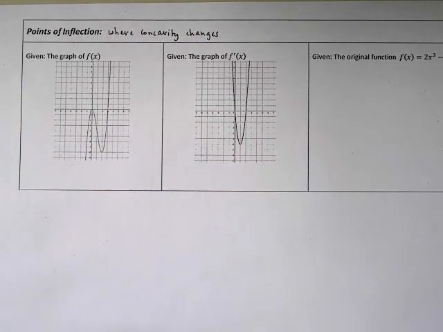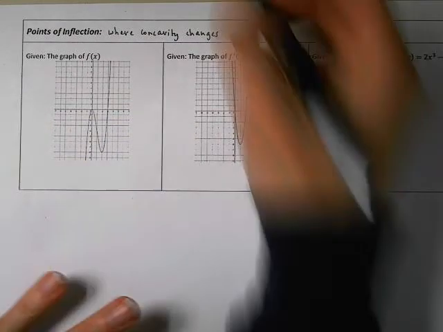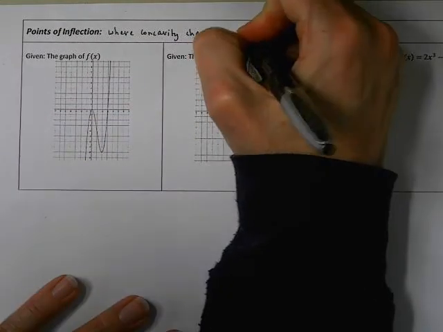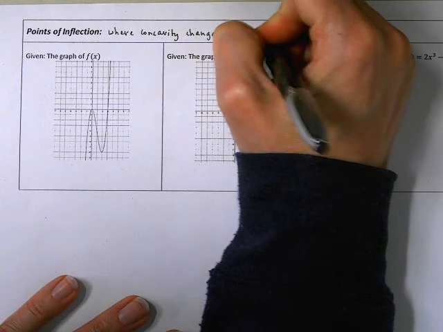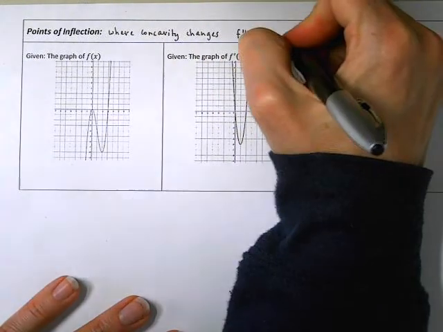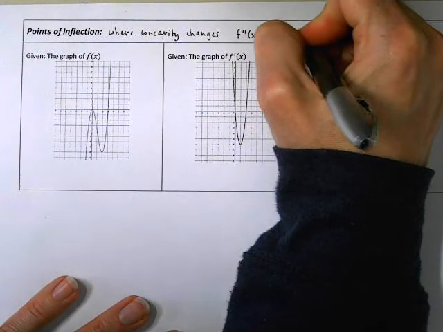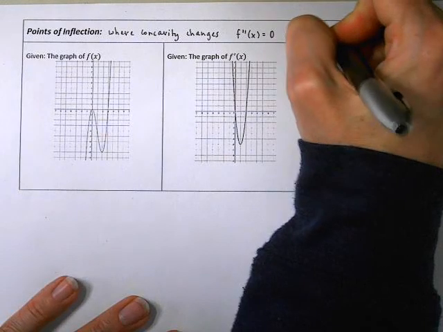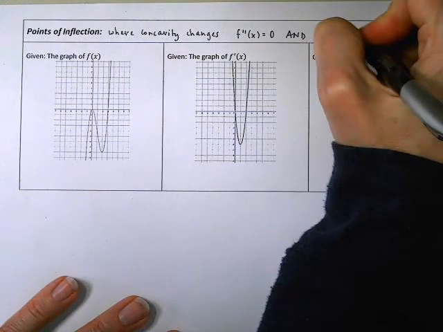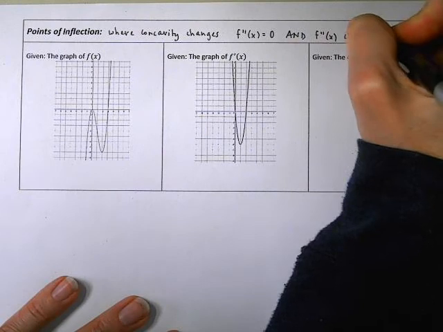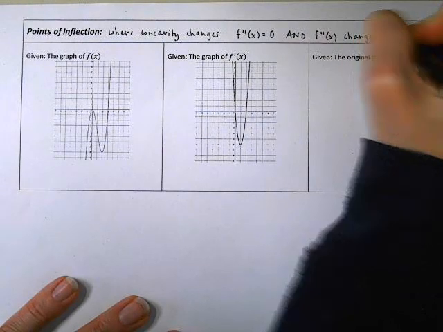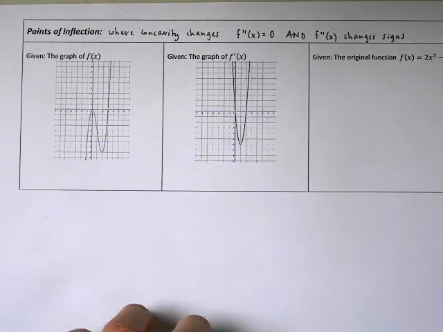And here's what we're really looking for. We're looking for points where the second derivative is equal to 0 and the second derivative changes signs. So we'll get into that in a little bit, but we really have two criteria here.